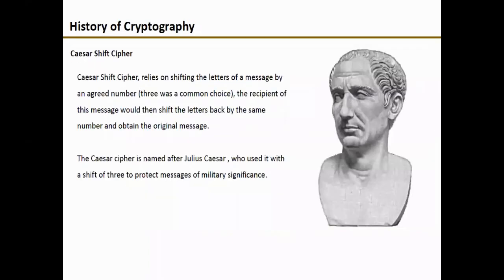The next very well-known type of cipher mechanism was coined in the name of Julius Caesar, and this is called the Caesar cipher. Though there are a lot of variants of the Caesar cipher, fundamentally it is a shift cipher. I will just explain the preliminary concept.